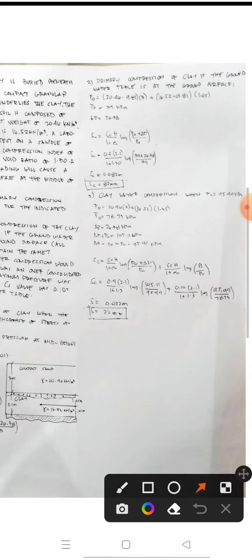So makukuha natin dito yung 0.082 meters or 82 millimeters. So ibig sabihin may nagbago. So makikita natin, dito sa una is 46 mm at dito naman sa pangalawa is 82 mm, halos doble.